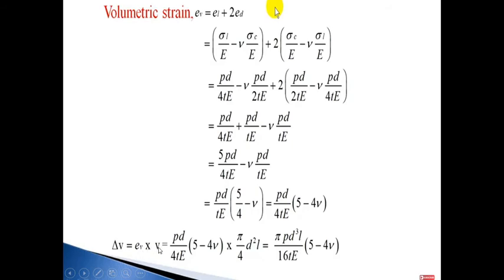Volumetric strain into volume, with volume equal to pi by 4 d square L, is equal to pi d cubed PL divided by 16TE into (5 minus 4V).